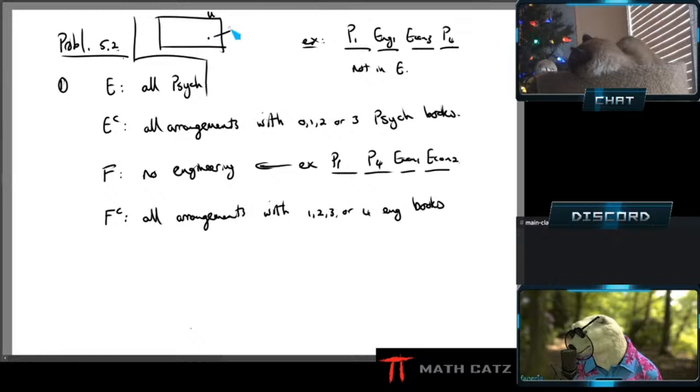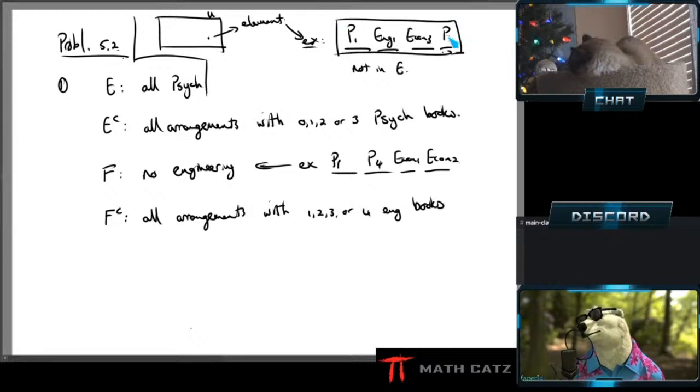What is an element? An element is a single arrangement of 4 books, not a book. An element is the result of the action being done, and in this case, Sarah arranges 4 books on the shelf. And then she's done.